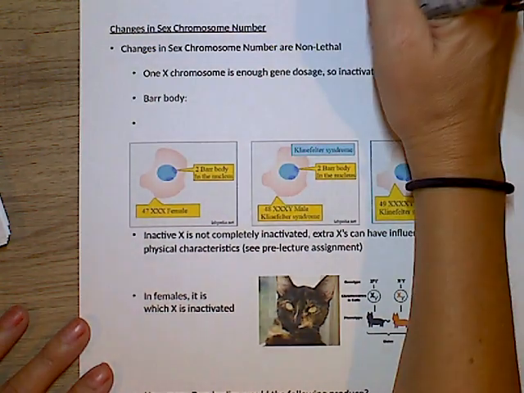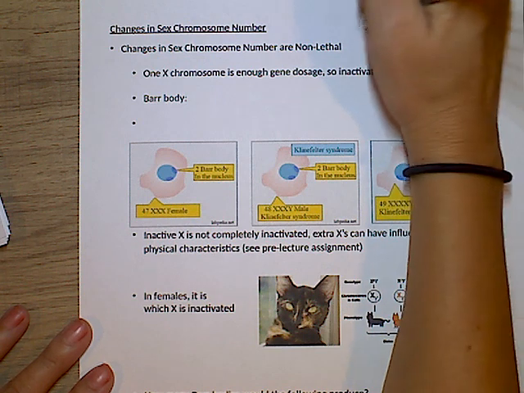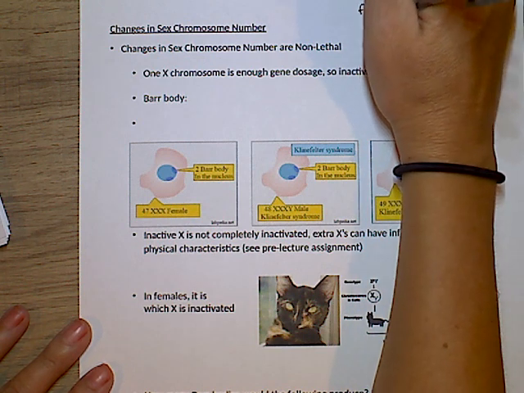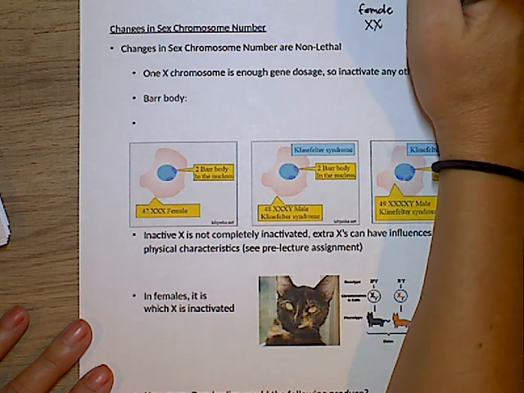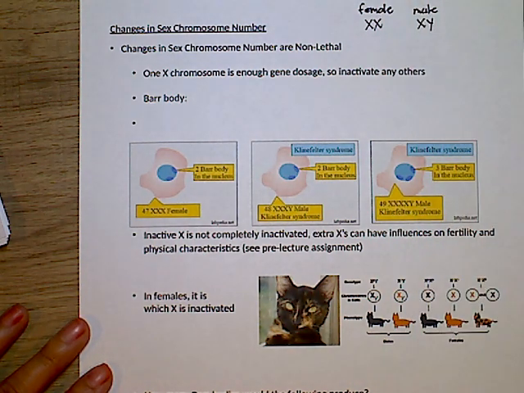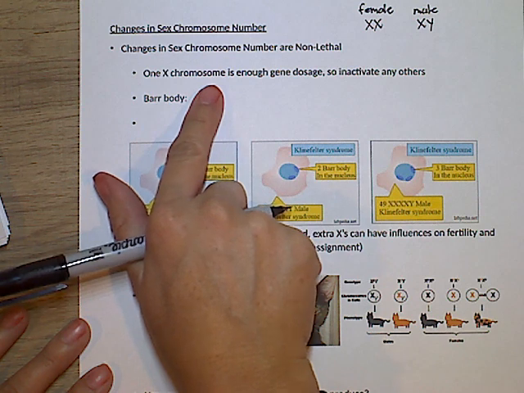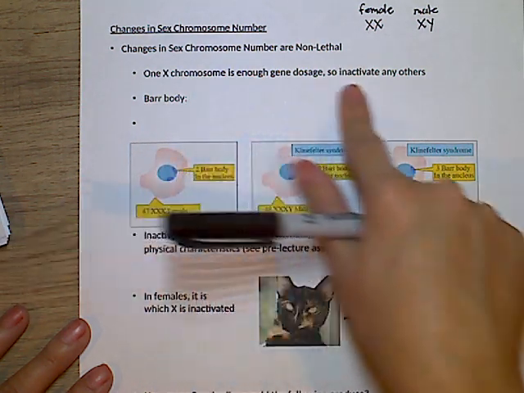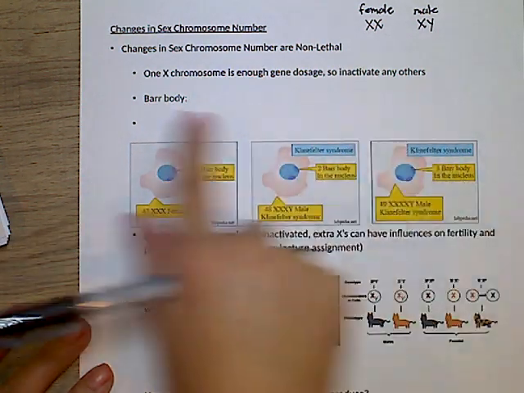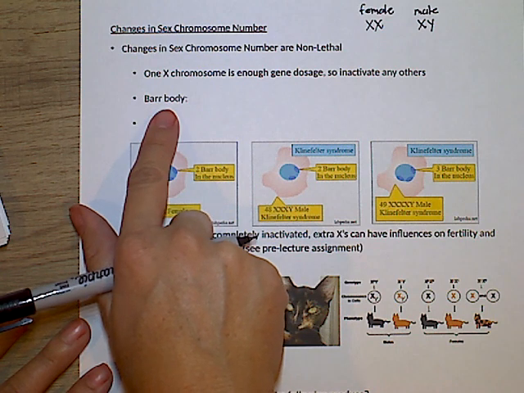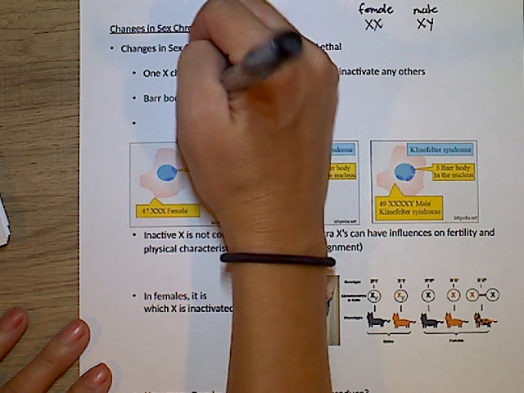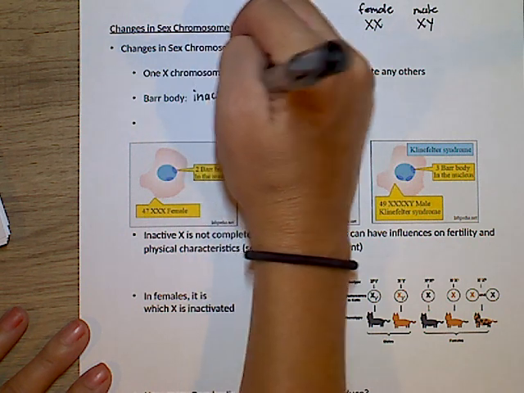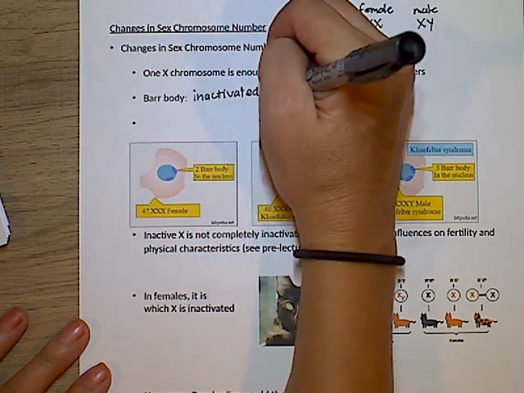So remember, females are XX biologically, and males are XY. And one X chromosome is enough gene dosage so it inactivates any others. And once that X chromosome becomes inactivated, we call it a bar body. So inactivated X chromosome.